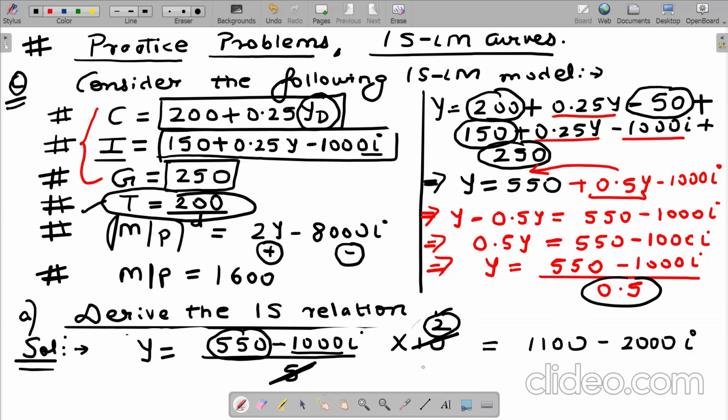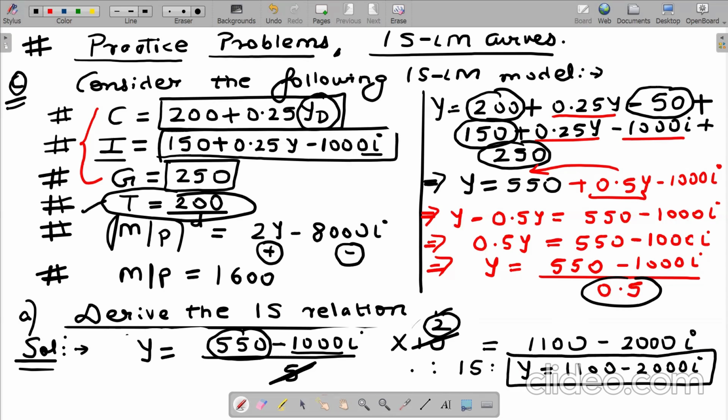So I can say, therefore, the equation of the IS is y is equal to 1100 minus 2000i. This is my equation of the IS. So hoping all students have understood how we have derived the equation of the IS curve.